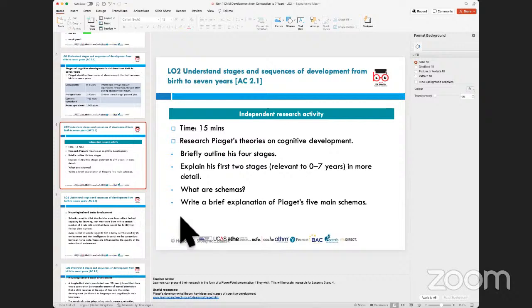And then we would also be looking at the stages which he has classified, which will further help detail out how child development will happen, specifically focused on 0 to 2 years and 2 to 7 years, because when we talk about early stages of development from birth to 7 years, which is the unit, the focus is on the first two phases, which are sensory motor and pre-operational. And those would be the set of activities that we need to document and list out to understand the stages and sequences of development which will happen in the child from birth to 7 years. And that would be one area only, which is cognitive development.